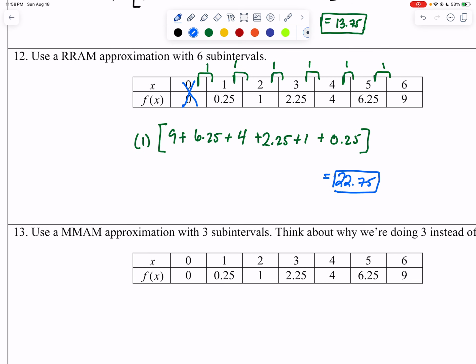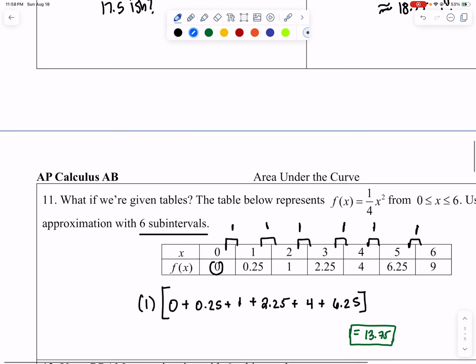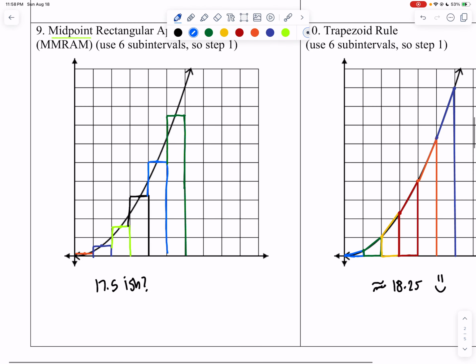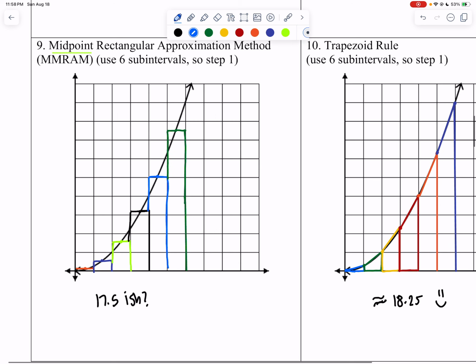All right, number 13 is going to be a little bit different from what we had for number 9. And the reason why is because if I wanted to find a midpoint Riemann sum with this, I need to approximate 0.5, 1.5, 2.5, 3.5, 4.5, and 5.5.